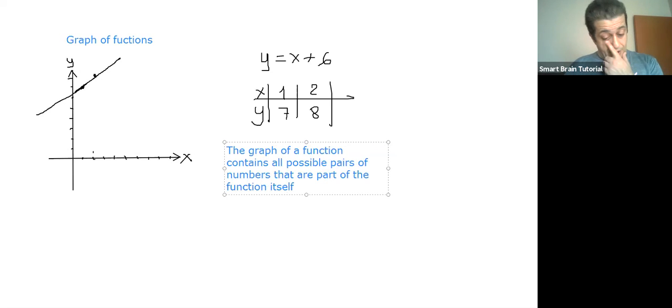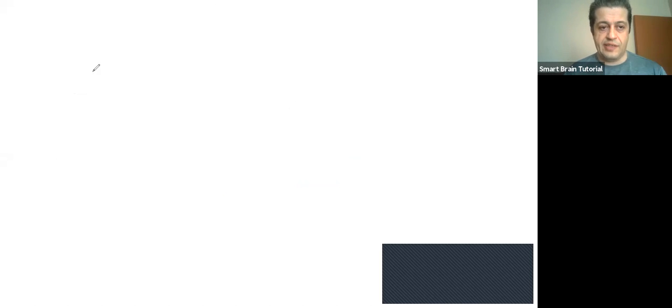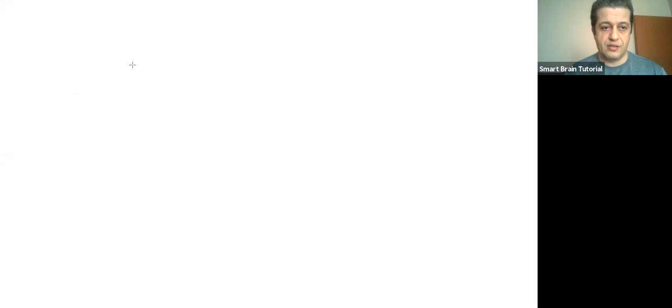Okay, now why is it important to know how to plot the graph? Not all graphs are so simple, because there are some graphs that have the following structure. Some graphs may be like the one that I'm going to draw now.